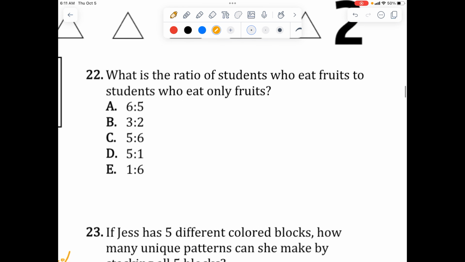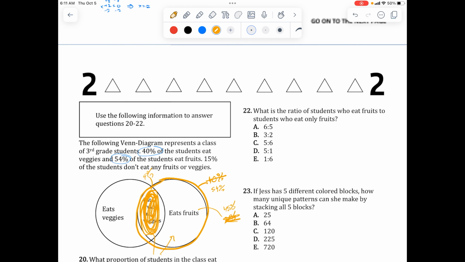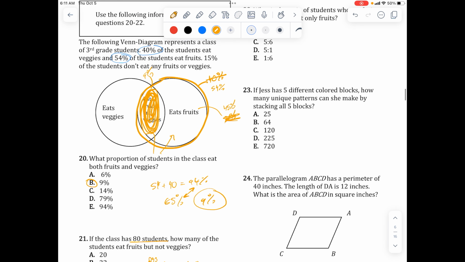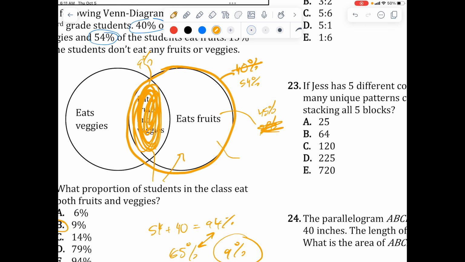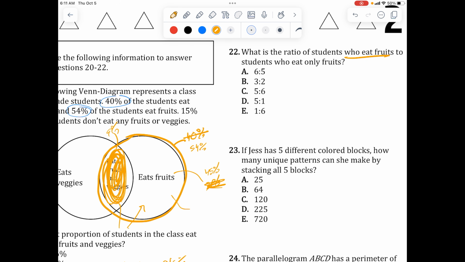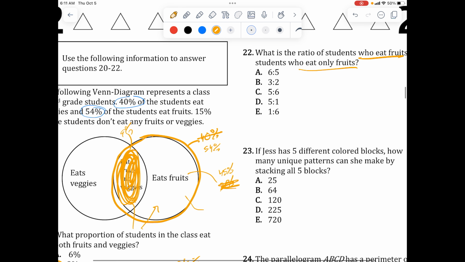What is the ratio of students who eat fruits to students who eat only fruits? So again, this comes back to, what's the percent of people that are eating fruits? Only fruits? So again, eat fruits versus only fruits. That's really just saying this group versus the entire orange as a whole.